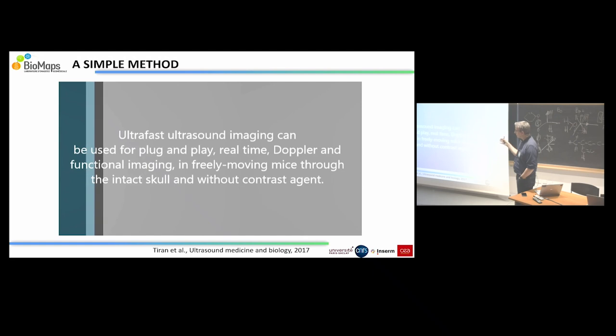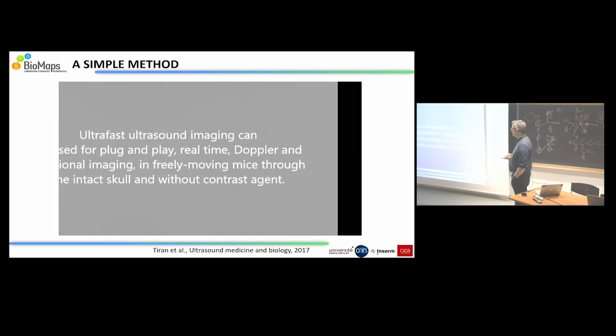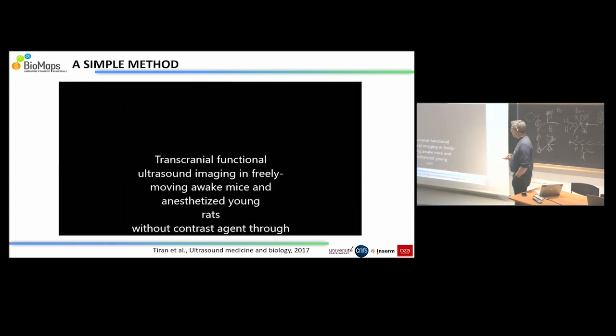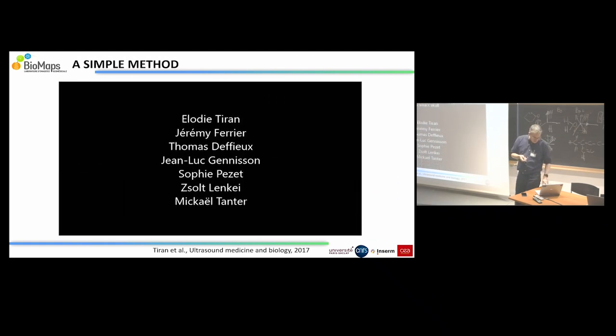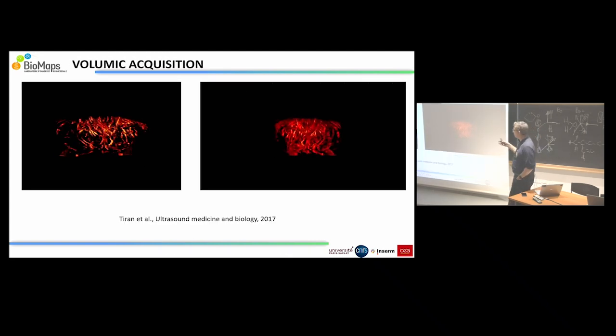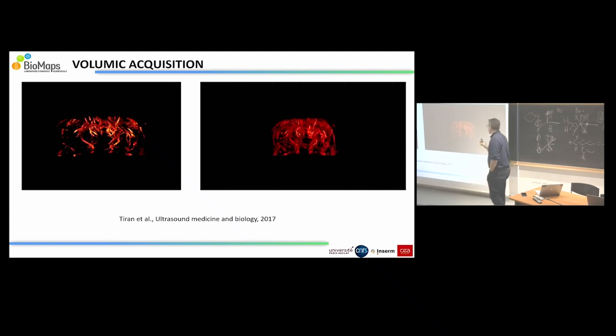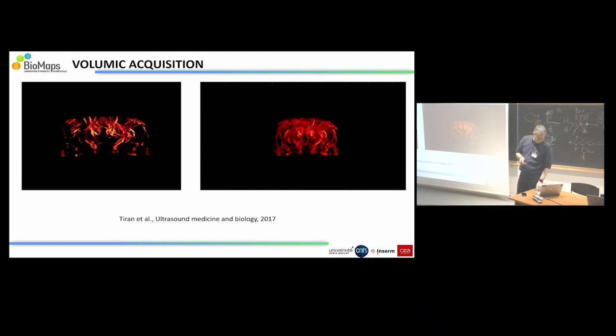And like this you can do some chronic experiments and do many things on the animal. You can do that in 3D if you have a more complex device and you move your probe, you can reconstruct the whole brain.